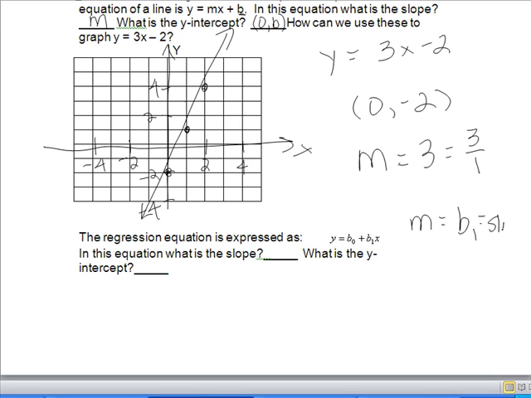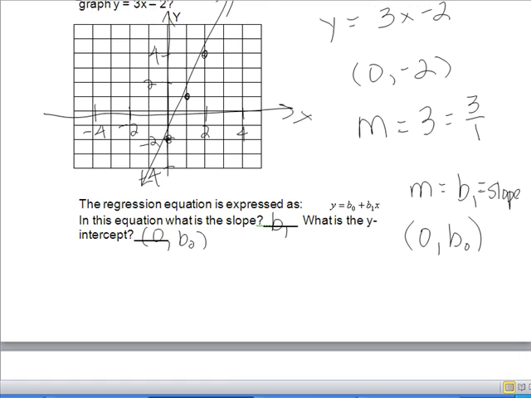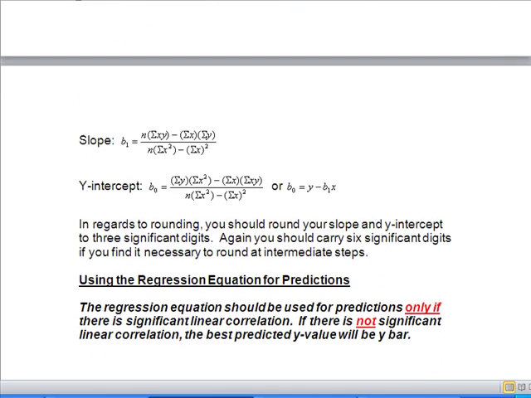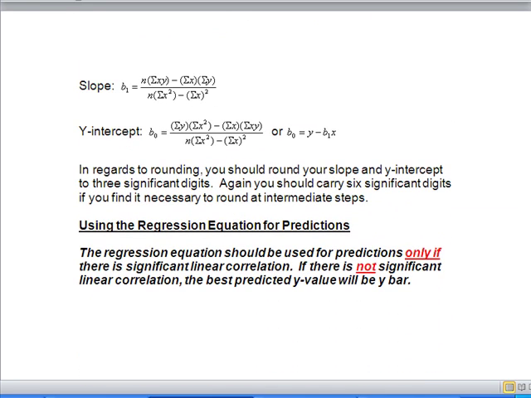Our y-intercept will be the point (0, b sub 0). So in this equation, what is the slope? That would be our b sub 1. What is the y-intercept? It's the point (0, b sub 0). And we have even a different one when you get into the calculator, and we'll talk about that when we get there.